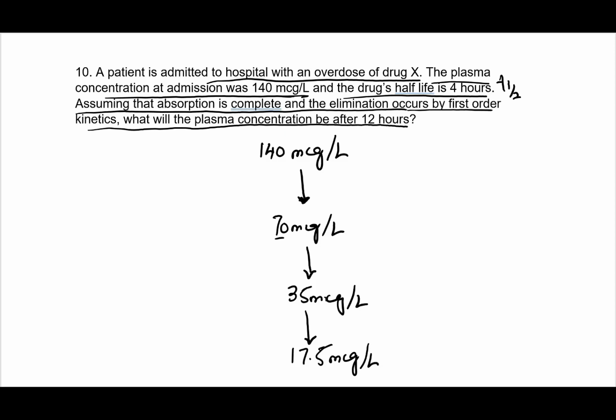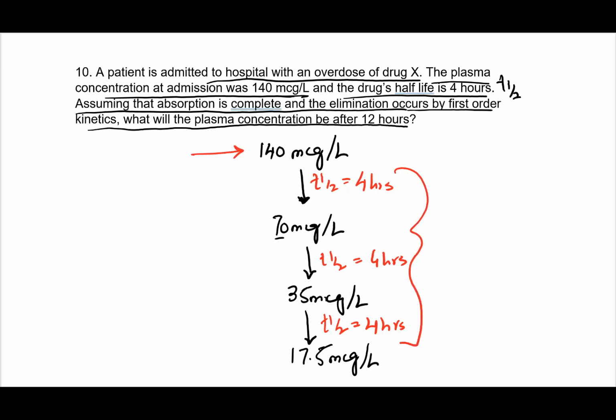Every half-life is about 4 hours. So 4 hours, after 4 hours, after 4 hours, means after 12 hours. So after 3 half-lives, or in other words after 12 hours, the plasma concentration of the drug will be reduced from 140 mcg to 17.5 mcg per liter.